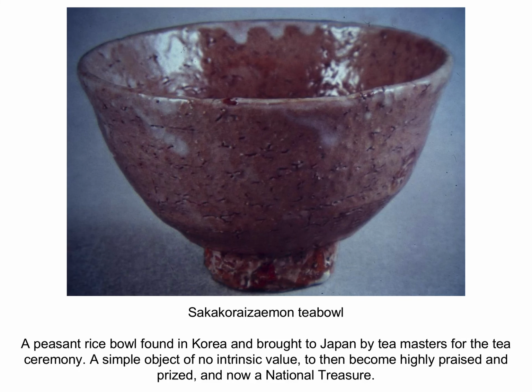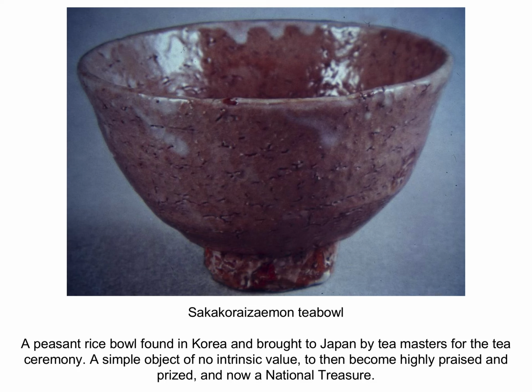Another very interesting phenomenon around tea ceremony and tea ware and tea bowls is that the tea masters would go to peasant communities, quite often in Korea, and look at thousands of bowls produced by the potters for their daily needs, and they would pick one that was special, that had specific qualities that appealed to them, that embodied the essence of simplicity that they were trying to grasp and contain within teaware.